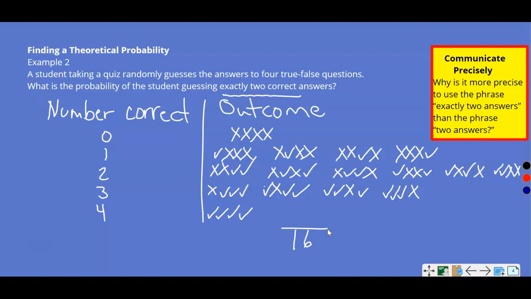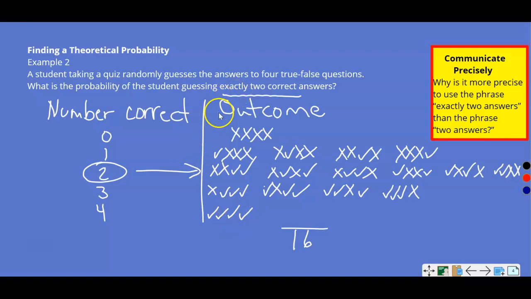We want to know the probability of the student guessing exactly 2 correct answers. So number correct, exactly 2. So not 3, not 4. This one has 2 correct solutions, and this one has 2 correct solutions as well.